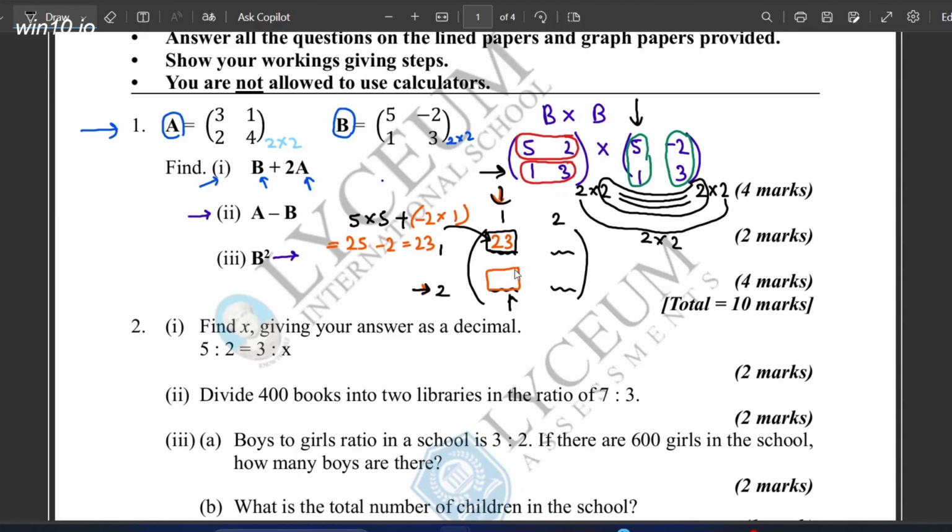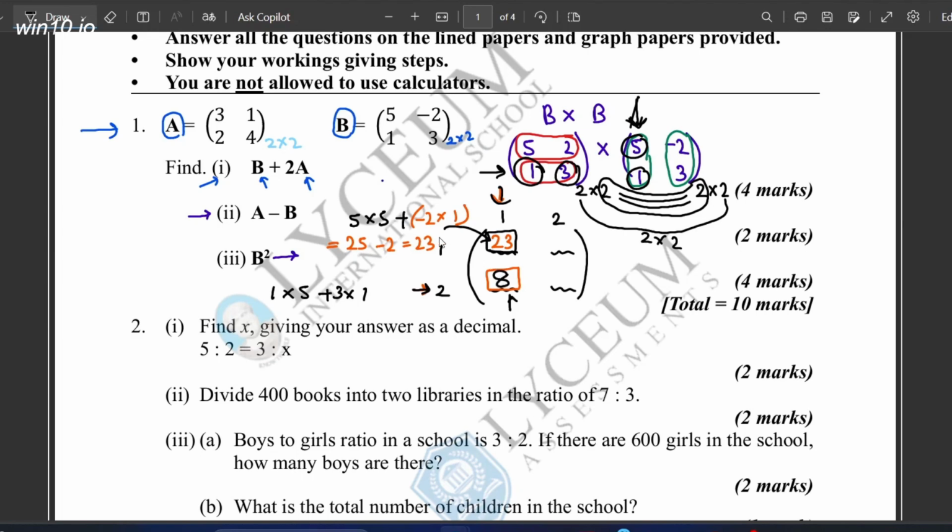So we have to take the second row from the first matrix and the first column from the second matrix. So we multiply 1 and 5: 1 times 5 plus 3 times 1. So 3 times 1. So what is the answer?